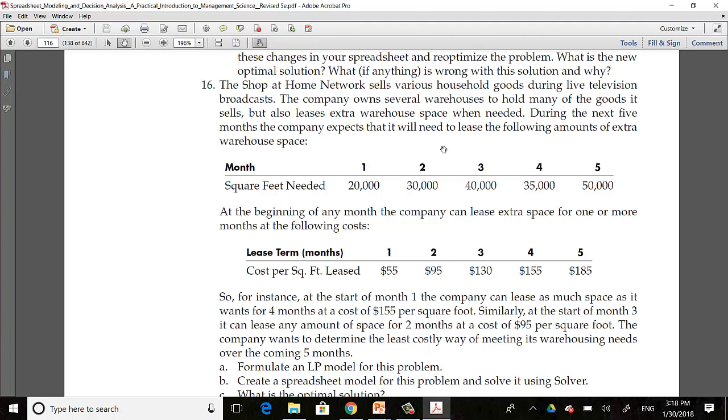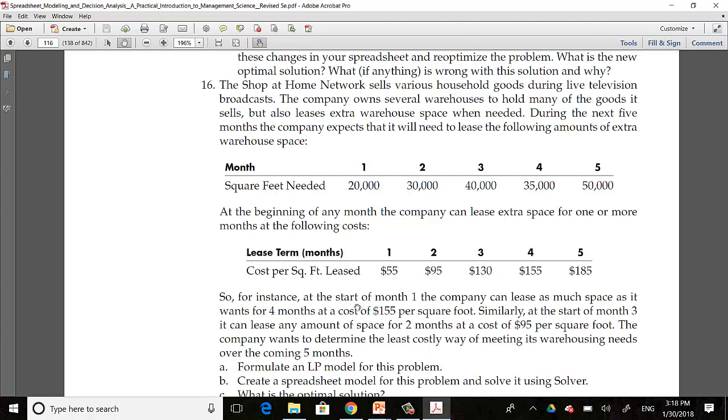But that's because, how many square feet do you use in one month versus how many square feet do you lease? I think you're only using this one then for two months, and then you just have wasted space there. So you're wasting space, but it might be cheaper. Any problem understanding how they work?